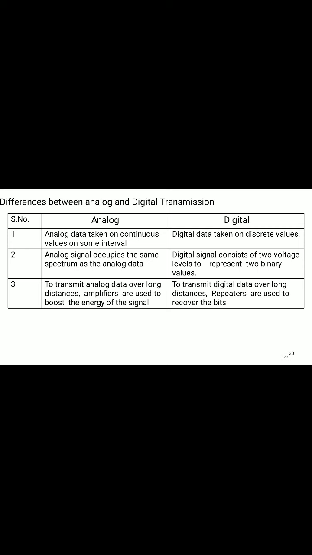The digital signal consists of two voltage levels to represent the two binary values, 1 and 0. To transmit analog data over a long distance, amplifiers are used to boost the energy of the signals. In the case of digital data transmission, we use repeaters.